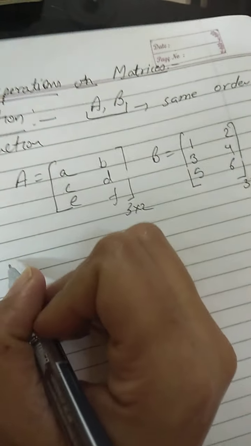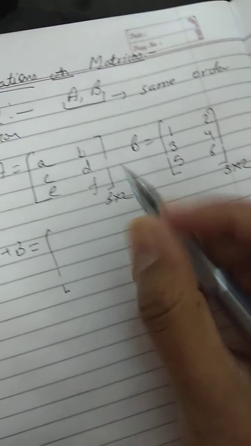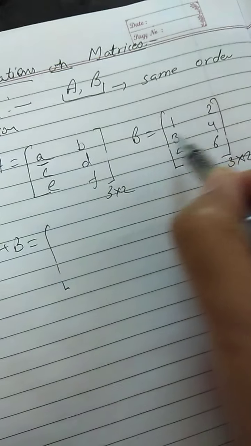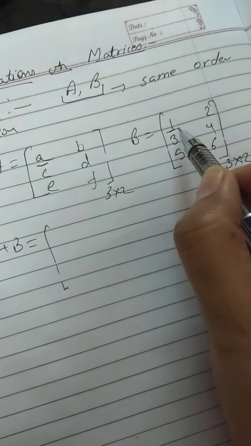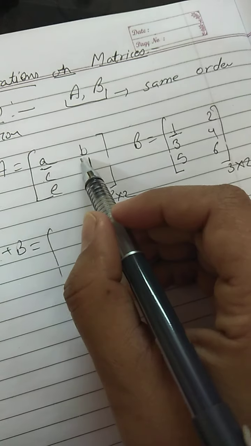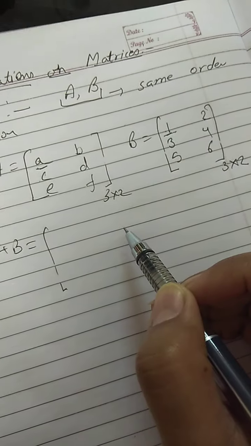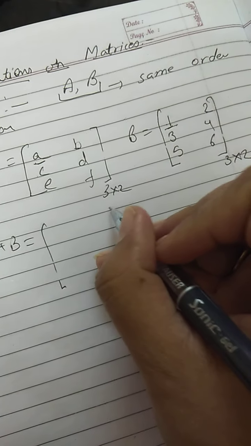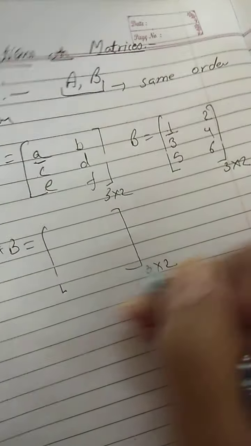Now when we add the matrices, I have to find the addition of these two matrices. What will happen? The corresponding elements of both the matrices we will add. So A11 plus B11, then A12 plus B12. The positions will remain the same in the new matrix as well, so the new matrix will also have the same order, that is 3 by 2.